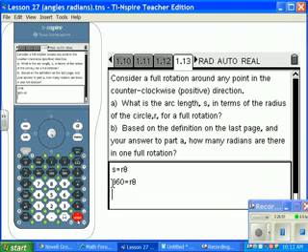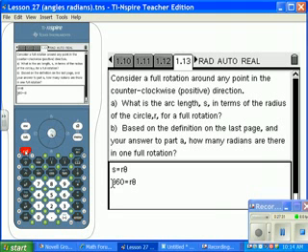How many radians are there in one full rotation? Based on the definition on the last page in your answer to part A, how many radians are there in one full rotation? Remember, radians is theta, right? So how am I going to get that alone?